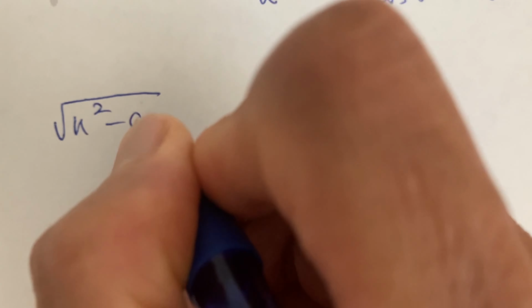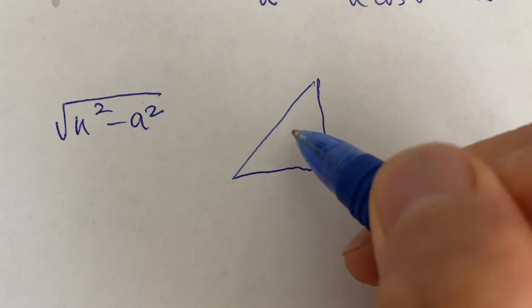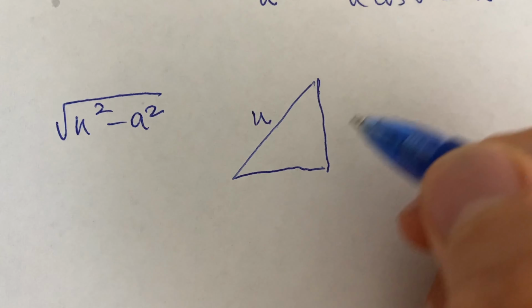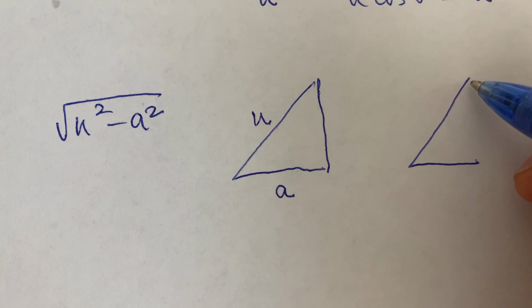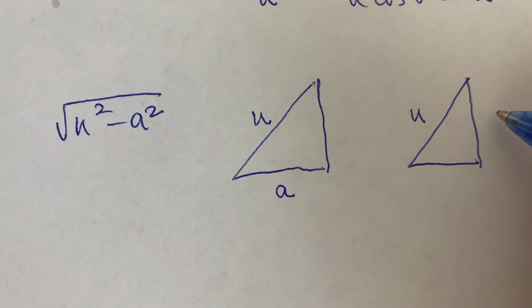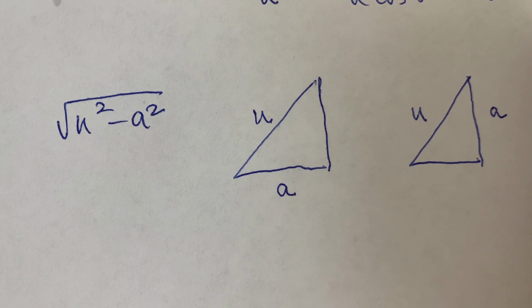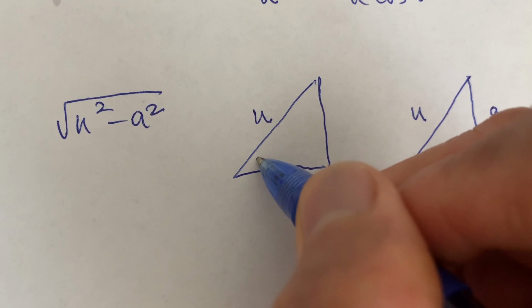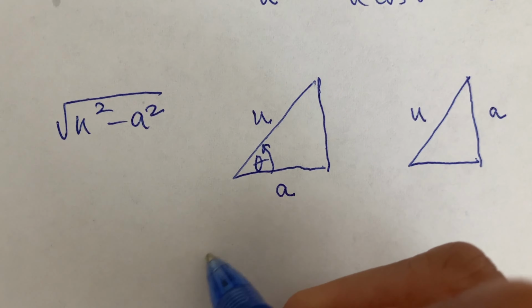The other form is u squared minus a squared. In this case, my u is the hypotenuse, and this could be a, or I can draw it this way as well. This is u, and this could be a. Either form is fine, but you will just have to use different trigonometric functions. In this case, if I'm using this form, then I will have to use here secant.